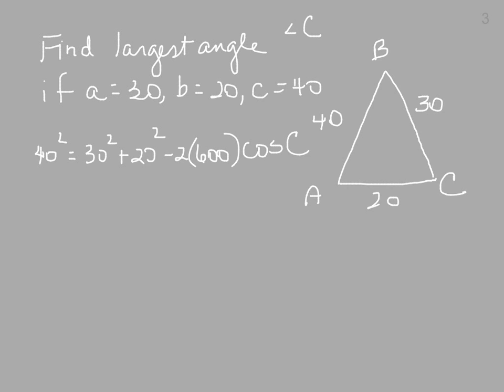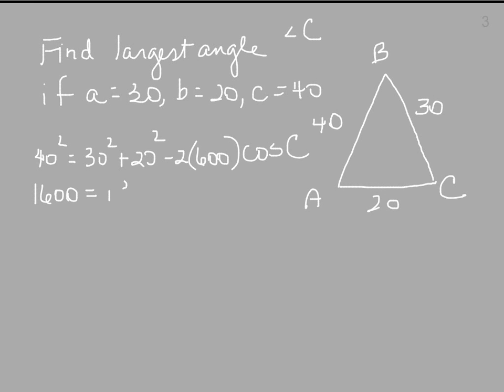Well, C is stuck inside the cosine, so we're going to have to solve for cosine C. Well, we have 1600, so 900 plus 400, that's 1300 minus 1200 cosine. Now the temptation is going to be to subtract 1,300 and 1,200, but you can't do that because 1,200 is multiplied times the cosine, so don't do that.